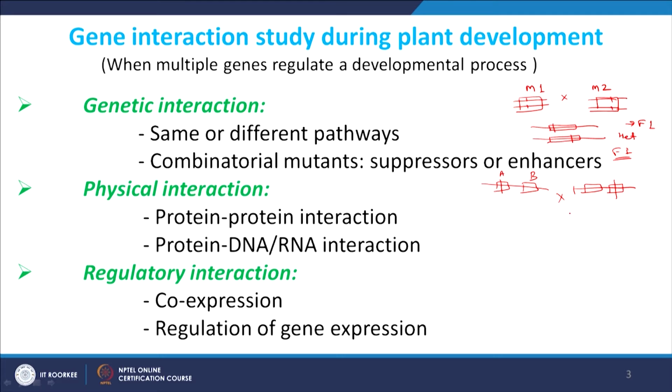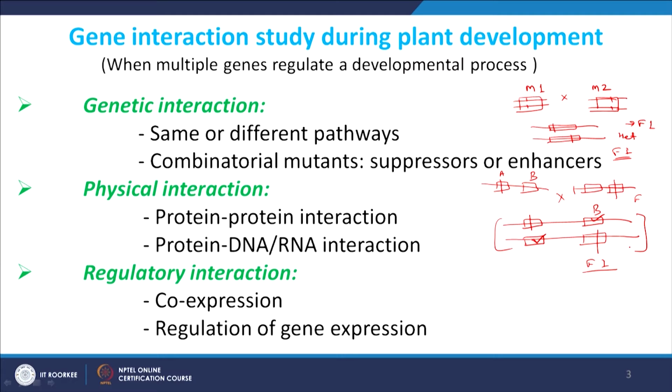When you cross them and go to the F1 generation, you will have gene A disrupted from one plant, but you will have a normal allele of A from the other plant. Similarly, you will have the gene B allele normal from this plant, but B mutated from the other. In these heterozygotes, the wild type copies of both genes will complement the mutant phenotype, which means that in F1 you are not going to get any phenotype.